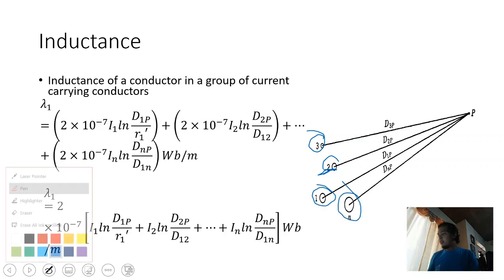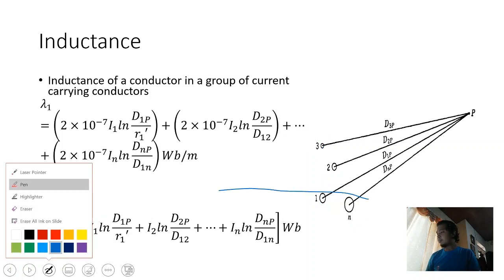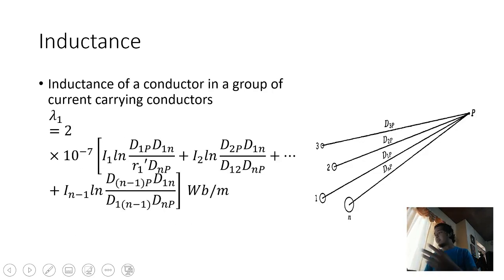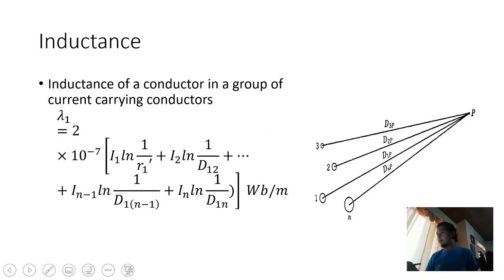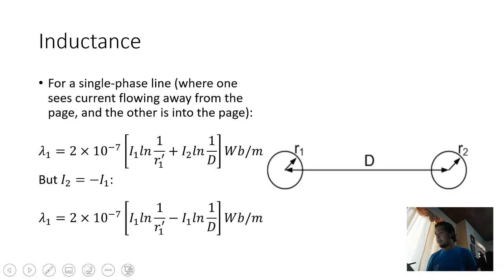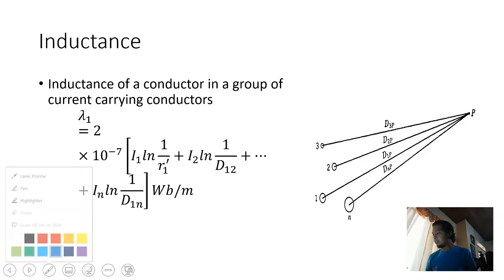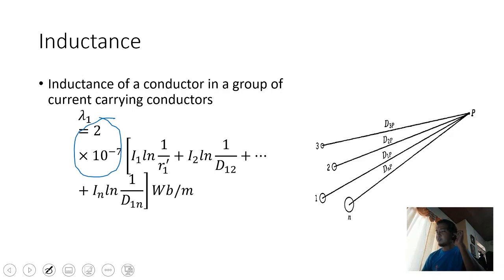And the formula that you want to remember from the previous derivation is this one. It's more like an extension of our 2 times 10 to the negative 7.